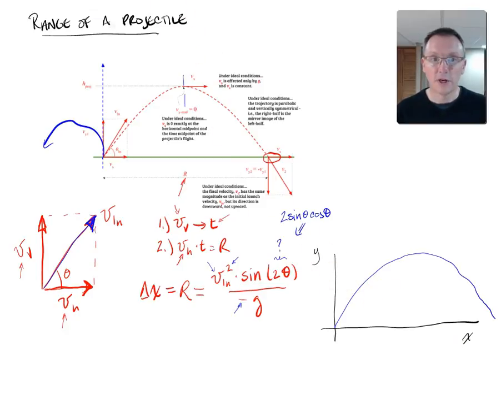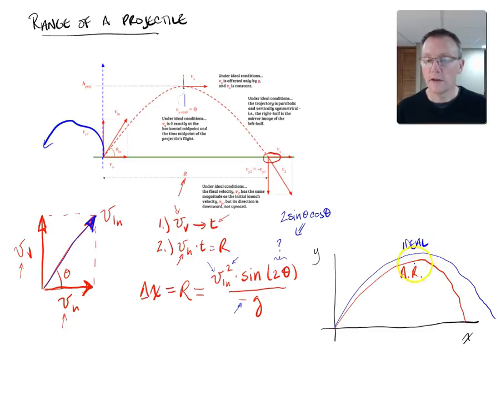And then a real projectile would look something more like this, where it doesn't go quite as high because air resistance is slowing it down, and then it ends up really slowing down quite a bit and coming almost straight down as it gets closer to the end of its path. And so this is the air resistance path, and the other one there is the ideal.